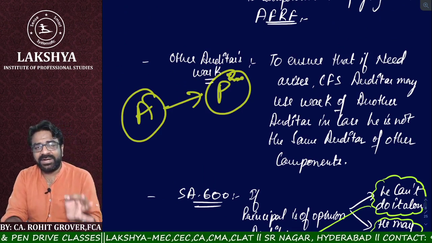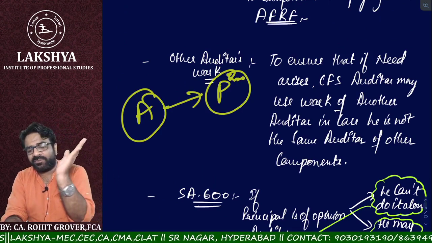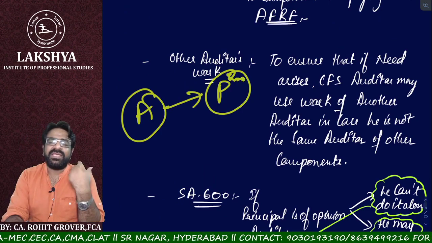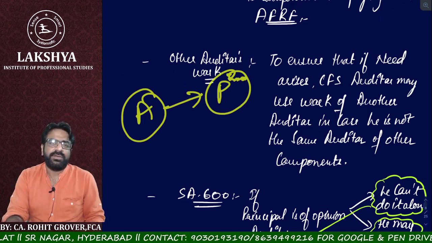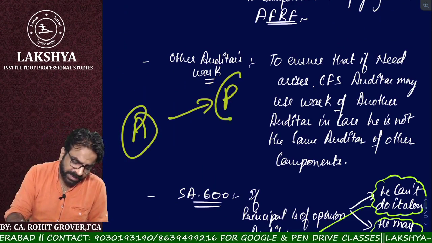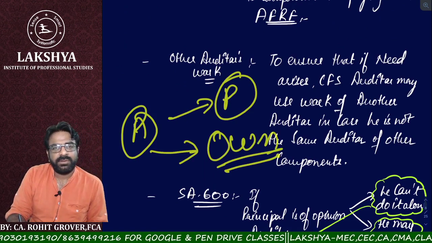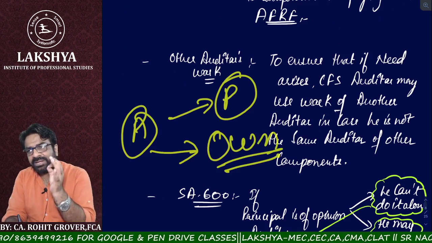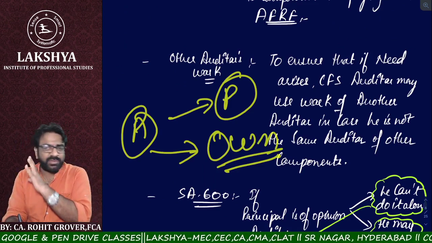So SA 600 comes into place only when the parent auditor is not the auditor of components and he is thinking of using the work of auditors of the component companies, which are different. But if the parent auditor, Mr. A, thinks that he can do everything on his own, he does not require the component auditors, then no SA 600.